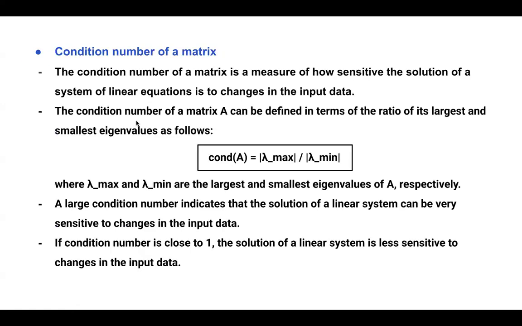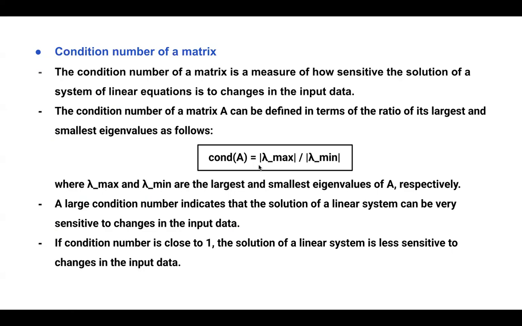To find the condition number, this is the formula: it is the ratio of the largest eigenvalue to the smallest eigenvalue. Just keep this in mind, it is a ratio of the absolute values. If there is a negative eigenvalue, you only take the magnitude; the negative sign will not be taken.